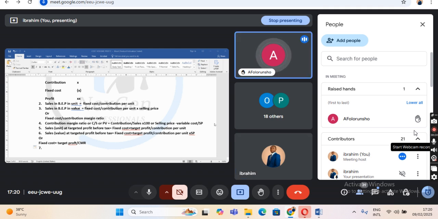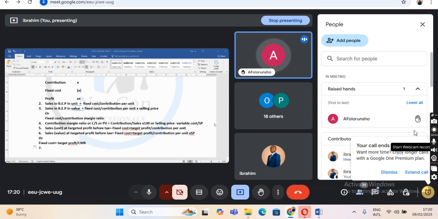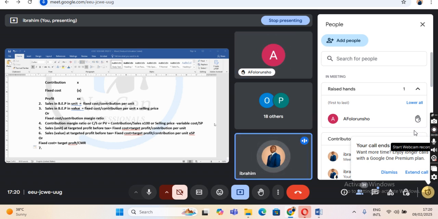Please, sir, for the sales in value at targeted profit, I want to get clarity whether we are dividing the fixed cost plus targeted profit by contribution or contribution per unit, since we are looking for sales value. No, I did not say you should divide by contribution.